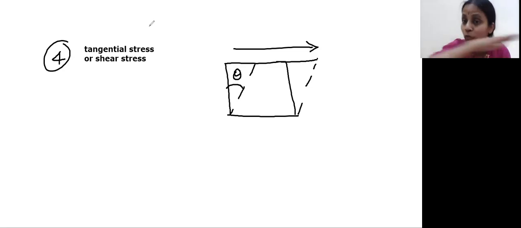Now this force that you apply parallel to the surface, creating a change in its shape, is what we call shear stress or tangential stress. So what am I going to write here?